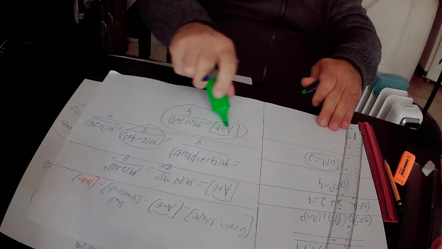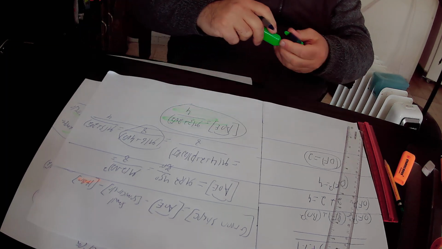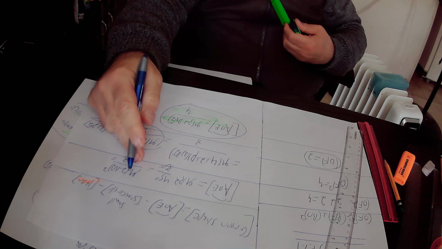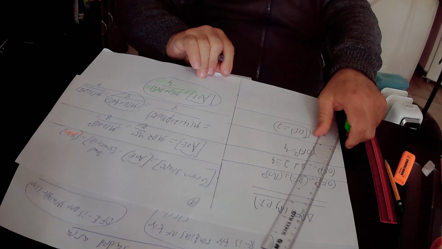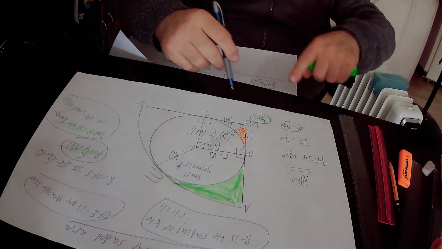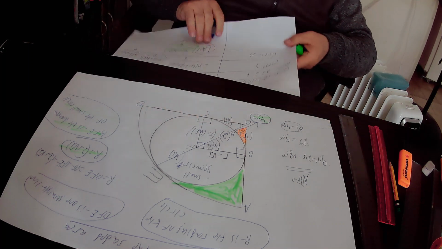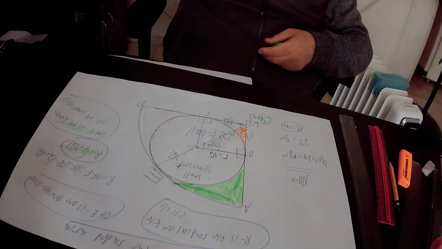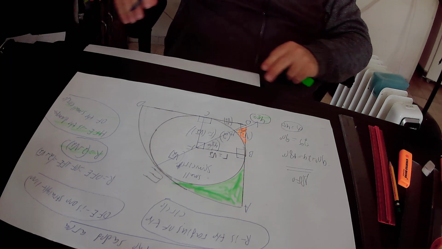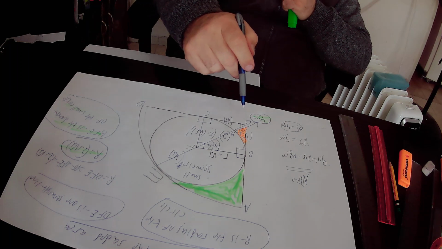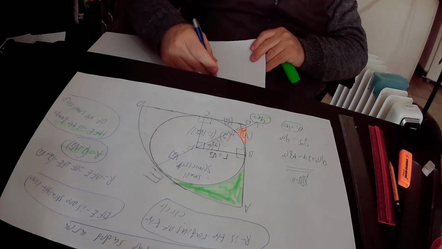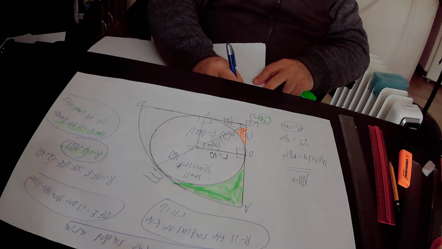In the next step, we find out the area of the small semicircle. You should remember that the small semicircle is half of the small circle.